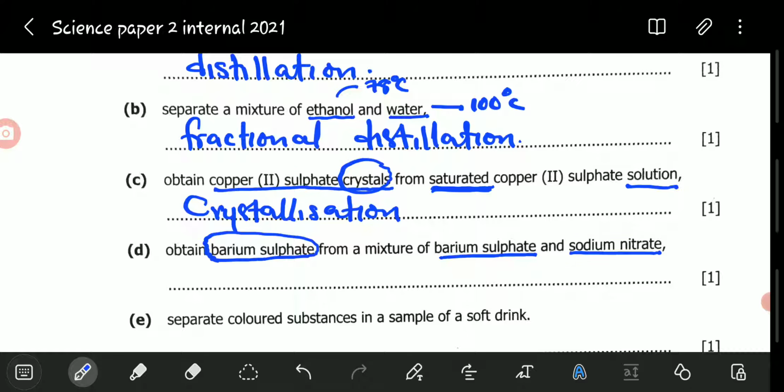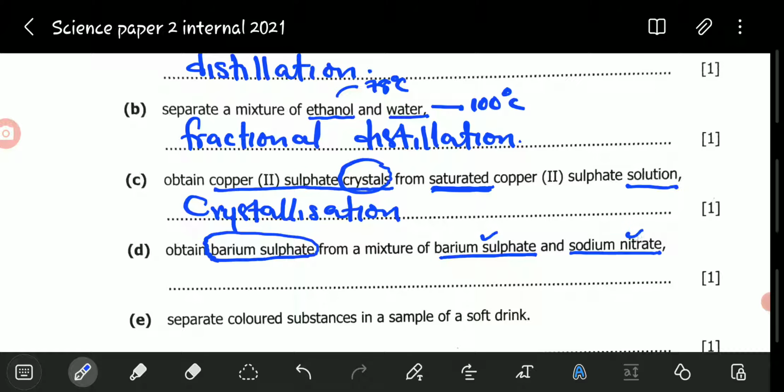All right. Now, here the examiner is trying to see if you understand the solubility of salts. These two are both salts, okay? However, one of them is soluble and the other one is insoluble, okay?